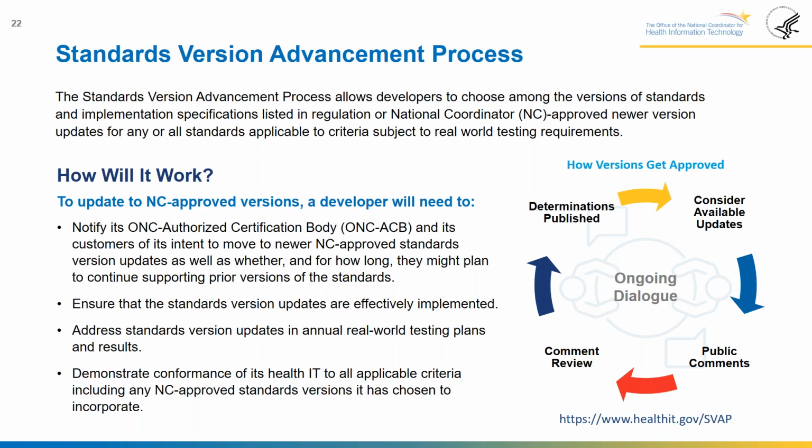And so basically what we did is we set up a process for developers to be able to move on to new versions if they and their customers want to. And so to do this, they would also need to real world test it and have it part of their plan, and that they're also attesting through our attestation process that their product can actually do this new version. So that in turn also provides assurances to their customers that these things are working as they are planned.